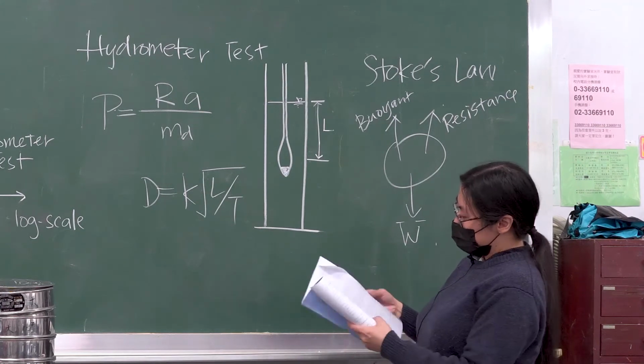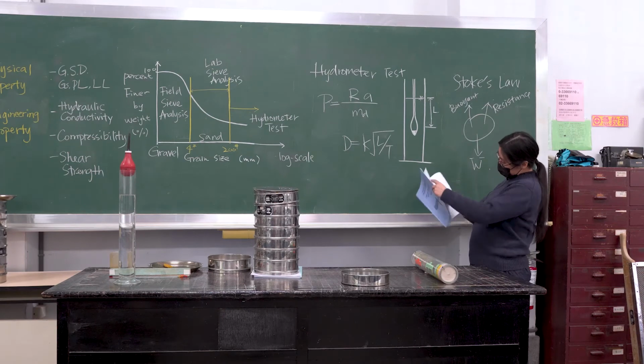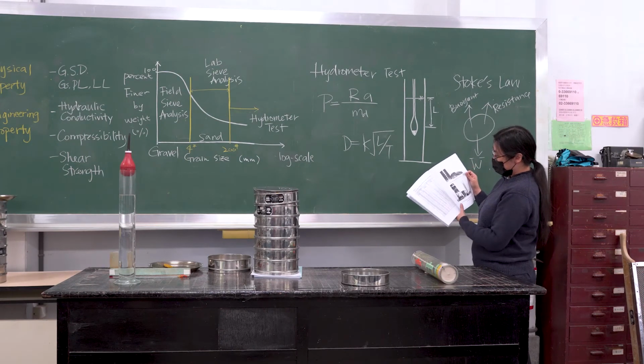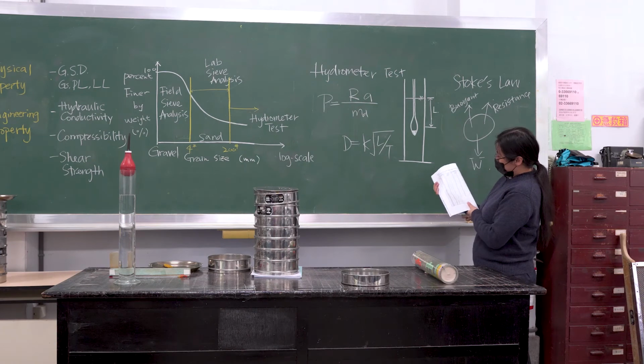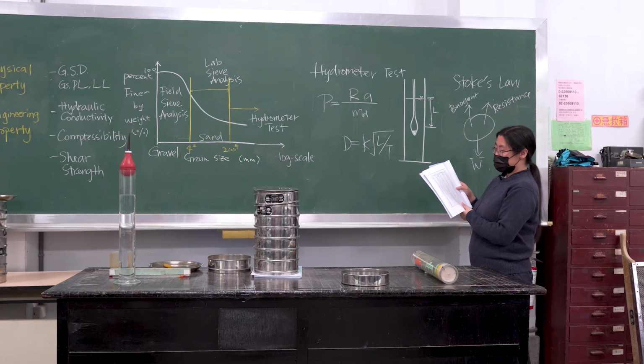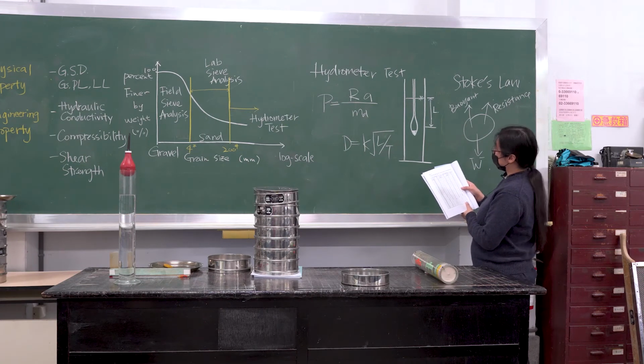However, if you go to page 18, this effective depth, or effective length parameter, depends on the hydrometer reading. So it varies, and the hydrometer reading will affect the values of effective depth.